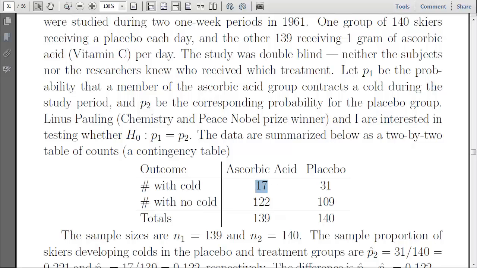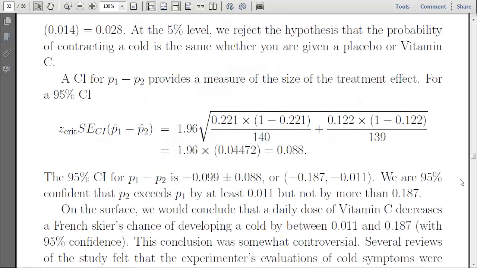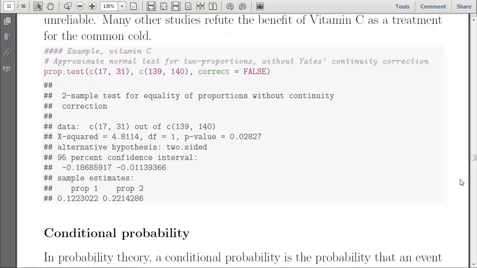We have 17 successes and 122 failures, and so we have plenty of observation, success, and failure for this normal approximation to the binomial test to be accurate. So I feel pretty confident about this result.